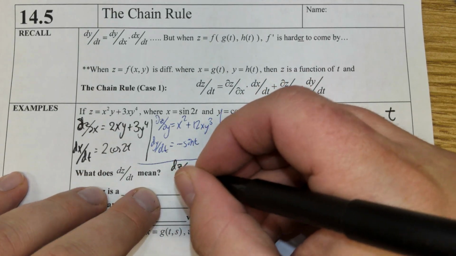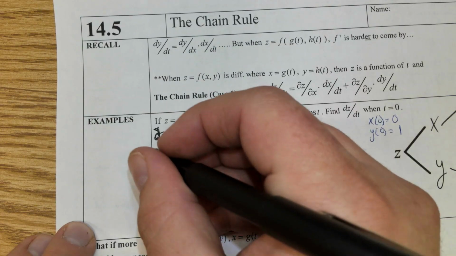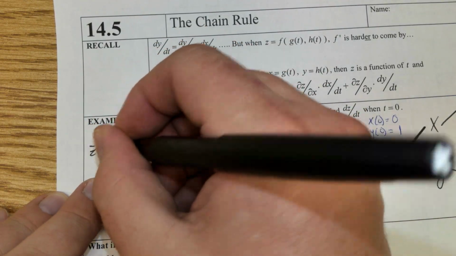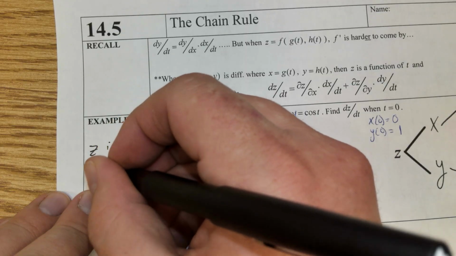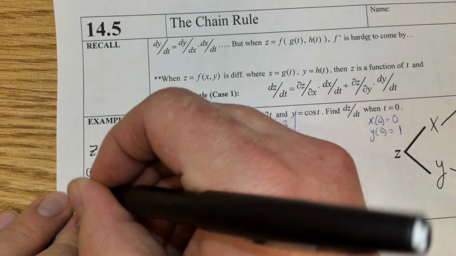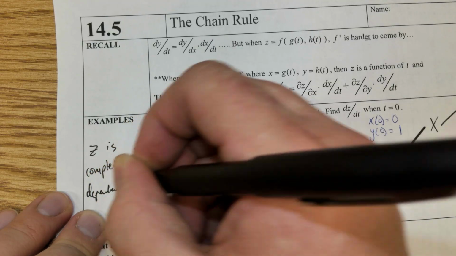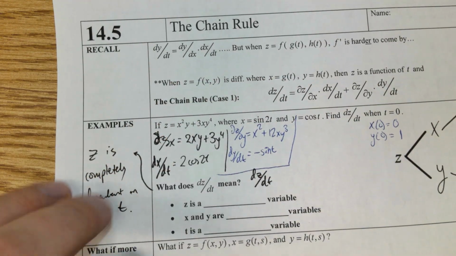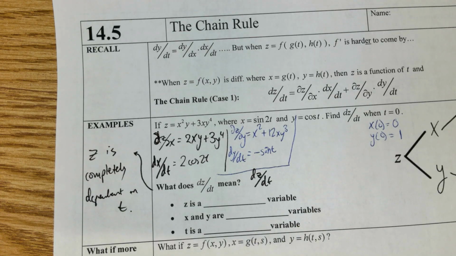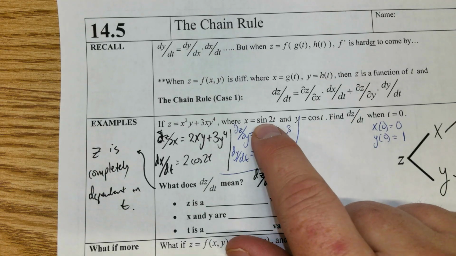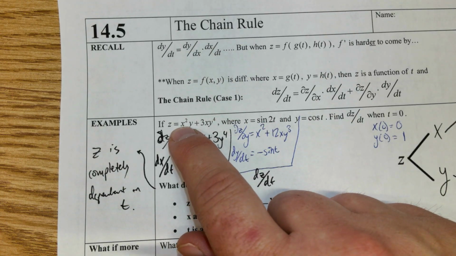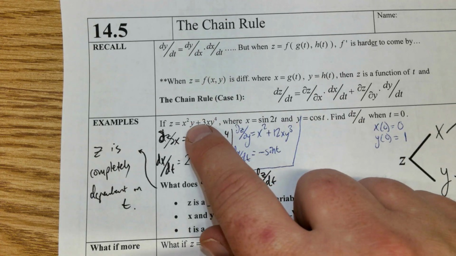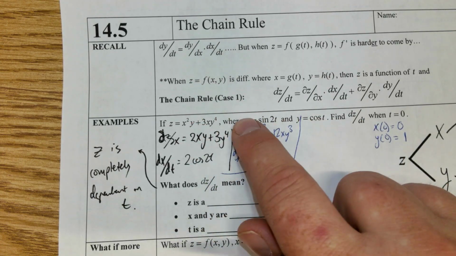And I know these words are here. This means z is completely dependent on t. And in fact, if we wanted to be miserable, terrible people, I could have taken this sine 2t and plugged it in here and squared it. I could have taken cosine t, plugged it in here. Right? I could have done this substitution.